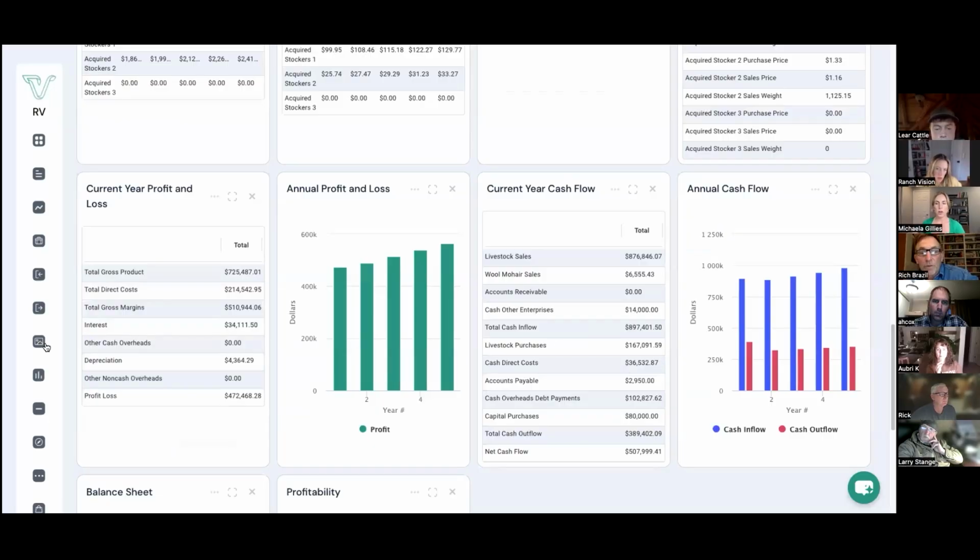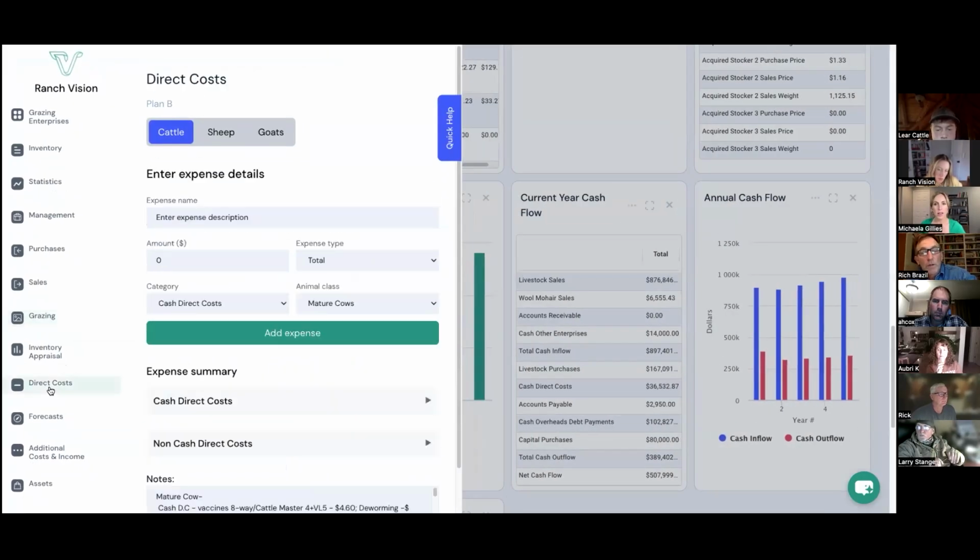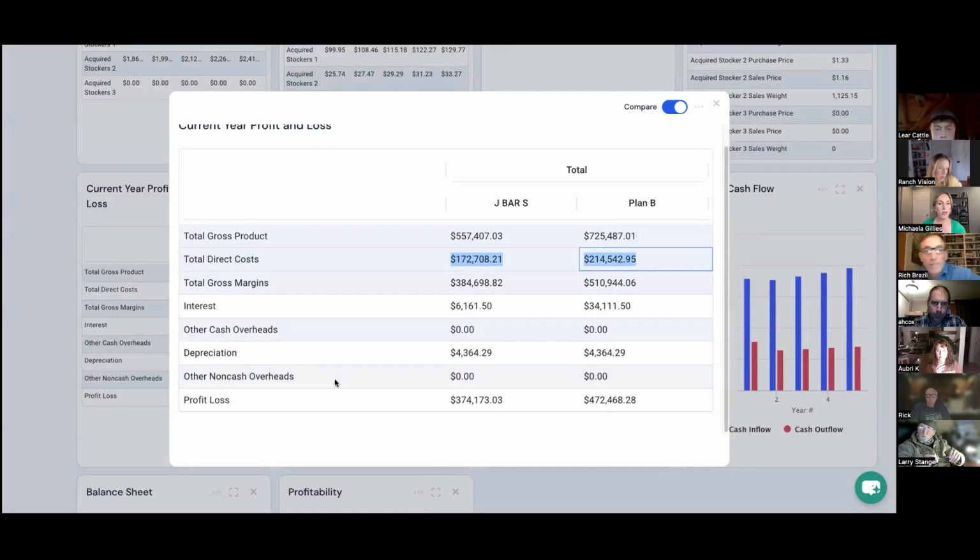Does the response on the direct cost make sense, Aubrey, for the additional hay and everything? Yeah, why don't you go to year one profit and loss, because it's going to show you the increased direct cost comparison. Since you entered everything on a per head basis, if you increase the number of animals, then your total direct costs are going to increase proportionately.